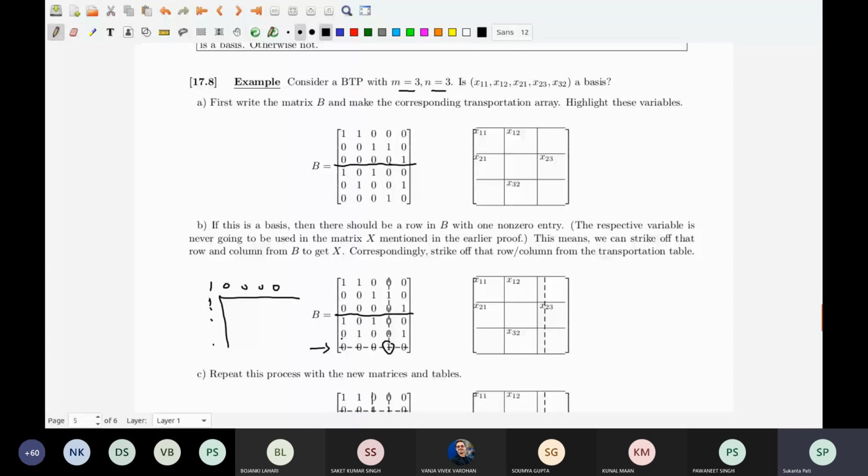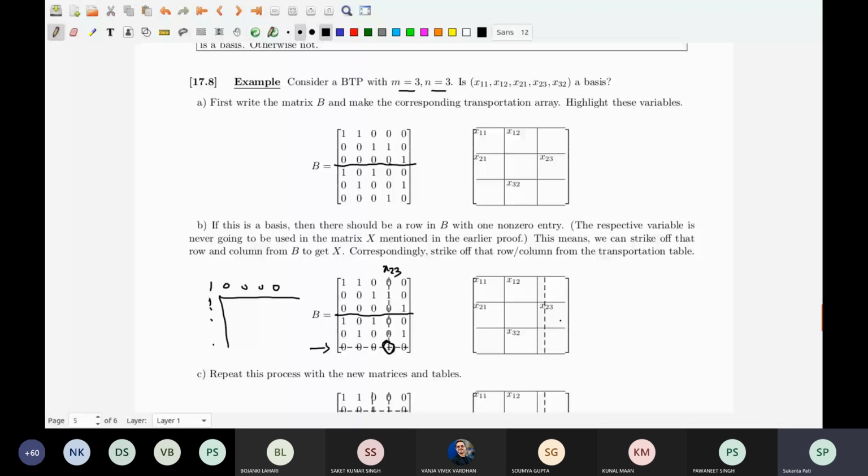And because I have a 1 over here, remember my previous discussion, this x23, whatever variable is there, must be available only here. So it says that this third line, third column of T contains only one highlighted variable, and that is x23. And so it says you strike that off. Okay.